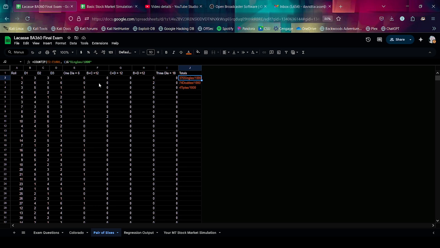I did the COUNTIF, a single, so it'll look for the integer 1, which is the result of the one die, and it will display singles out of 1,000. So you can get a stat and you can divide it by 100, and that'll give you a percentage. This one is looking for the integer 2 in any of these F through H rows.